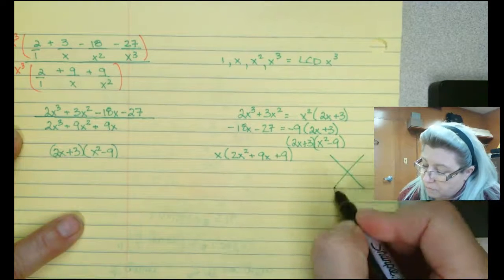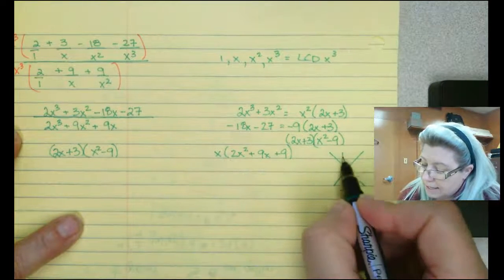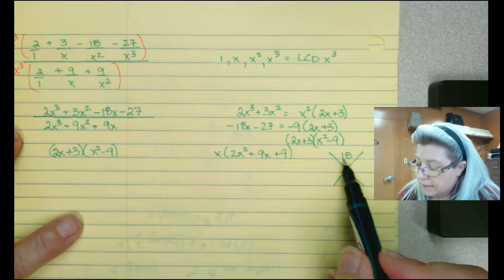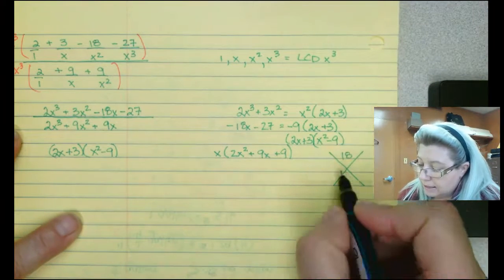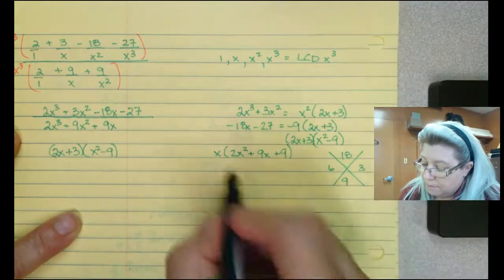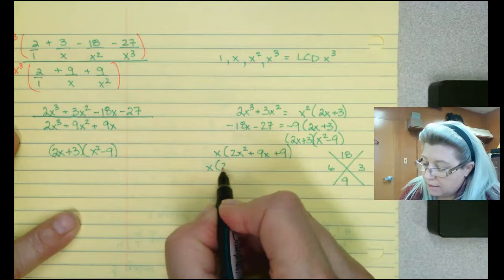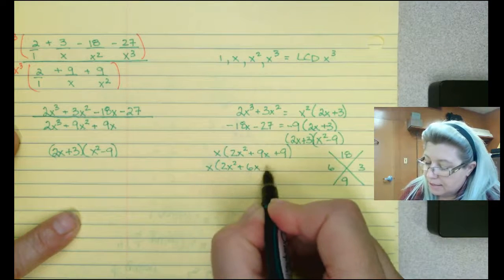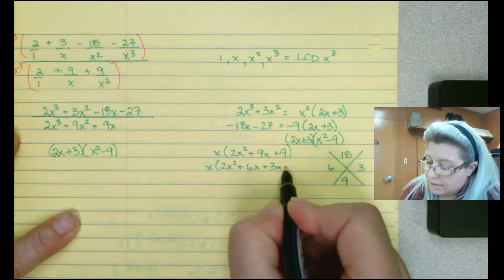So, 2 times 9 is 18. I'm looking for two numbers that multiply to 18 but add to 9, looks like 6 and 3. So I can rewrite the middle 9x as plus 6x plus 3x plus 9.